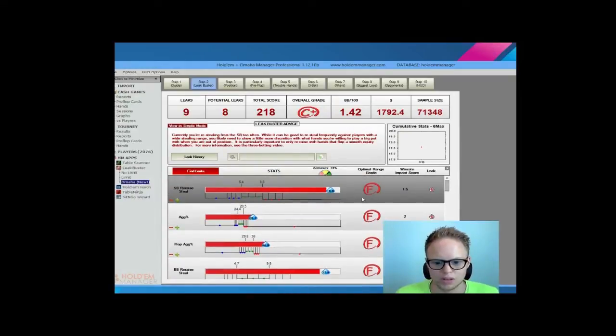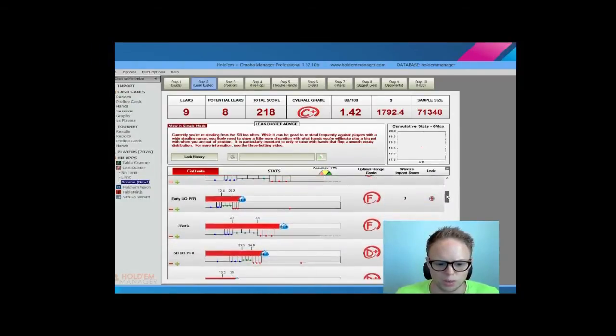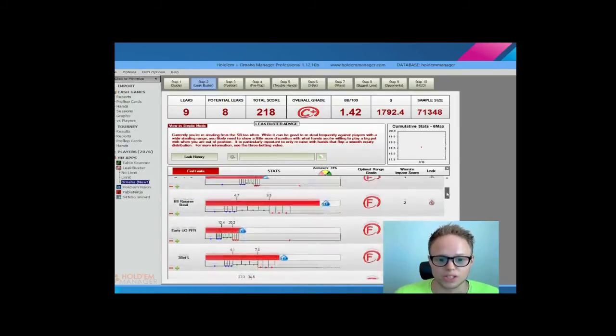So then you can question yourself, like, okay, why am I so much over in this stat, and why am I so much below in another one? And as long as you understand why you have these quote-unquote leaks, then it's probably not an issue. But it's a very good way to build a solid strategy.